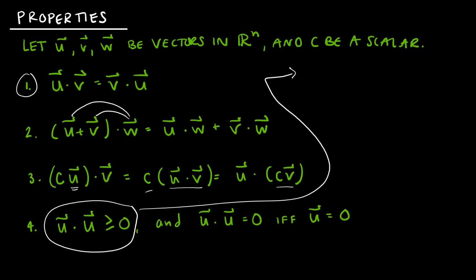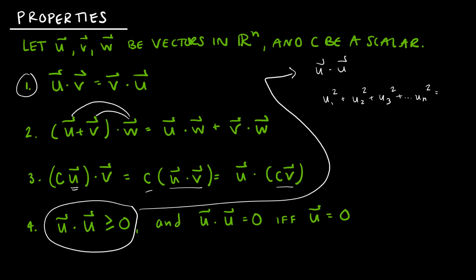This is saying that I'm taking u by u, which essentially means I'm taking all of those entries inside the vector. So this is just going to be u1 squared plus u2 squared plus u3 squared plus, and so on, up to un squared.